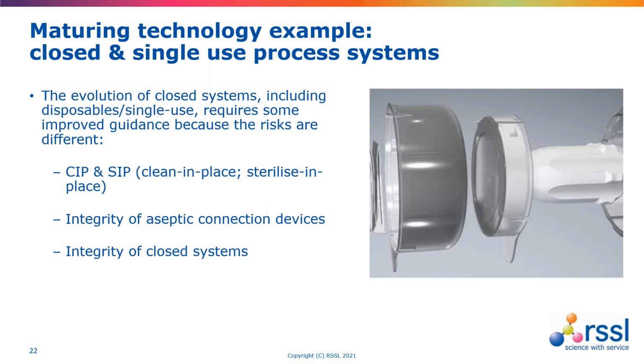We need to make sure that they're robust enough to be sterilized by the selected sterilization method, be that say steam sterilization, irradiation, ethylene oxide, that they maintain their tensile strength over the course of time that they are to be used for, and that a microbial ingress test has also been performed, because what we don't want is a weakness where contamination could be transferred from the hands of the people handling them, for example.